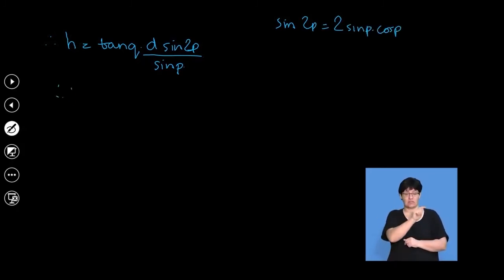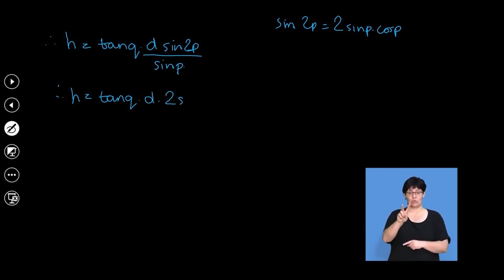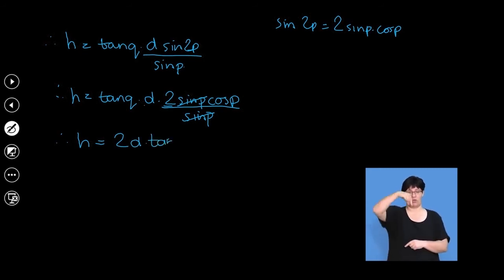Okay, so therefore h is equal to tan of Q times d times 2 sine p cos p all over sine p. And those sine p's then cancel, so finally we can say therefore h is equal to 2 times d times tan of Q, there it is, times cos of p.